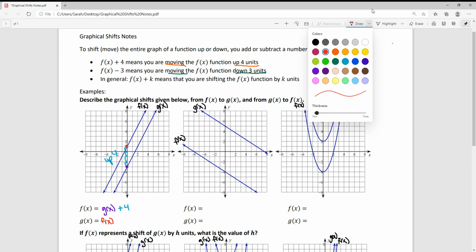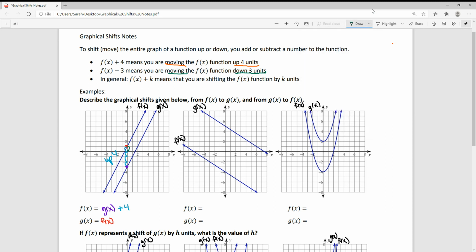Well, let's count. I'm going down 1, 2, 3, 4. So g of x equals f of x minus 4 because I moved down 4 at that time. That's the idea of what we're looking for. Notice that the number is the same. It's just the direction that dictates if it's a plus sign or minus sign.